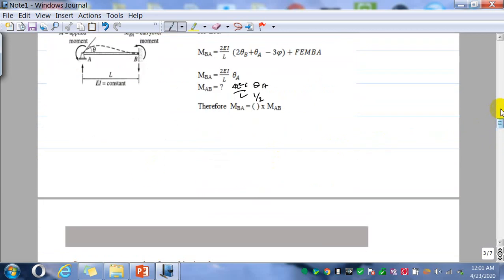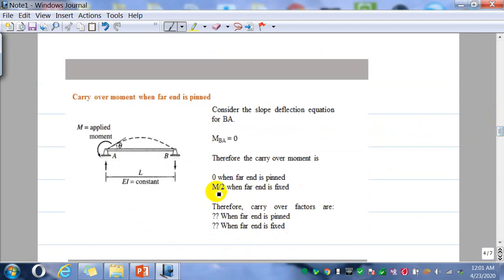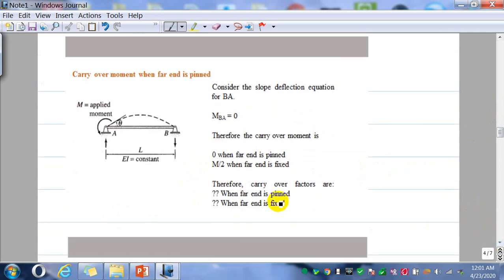If you consider a portion of the beam, one end is an internal point and the other end is a far end. Far end means the edge of the beam. Okay, you need to be very clear: either edge of the beam. If the far end is fixed, the moment applied at the far end to prevent the rotation is M by 2. But if the far end is pinned like this, it is 0. So carryover factors are 0 when the far end is pinned, and half when the far end is fixed.